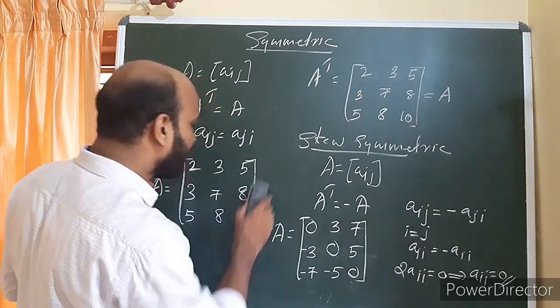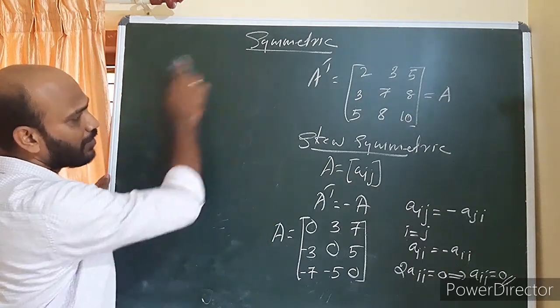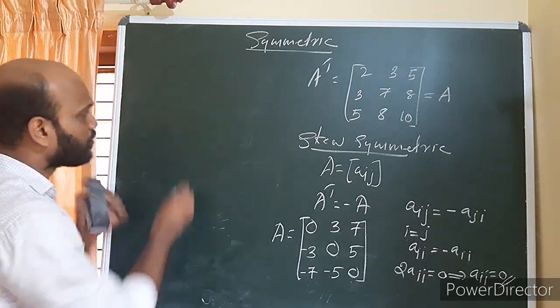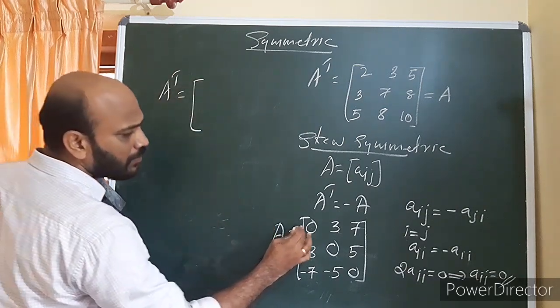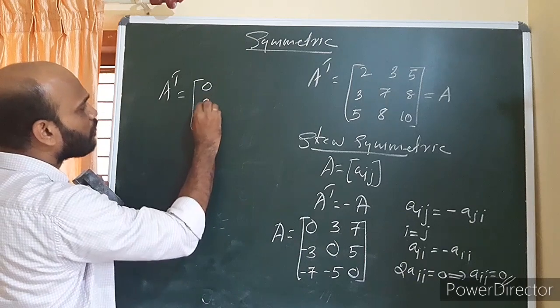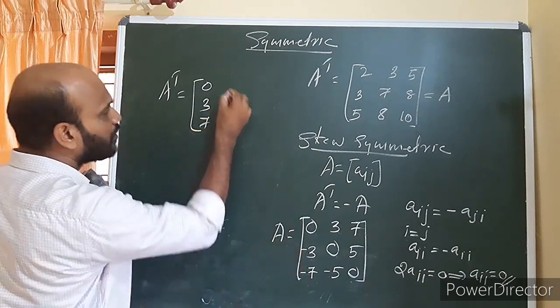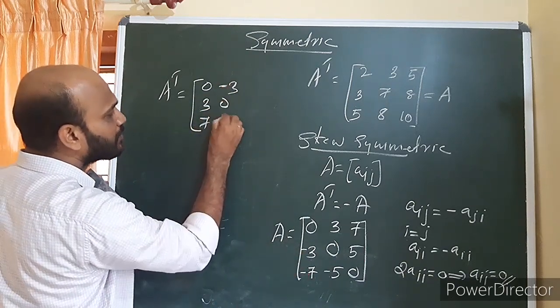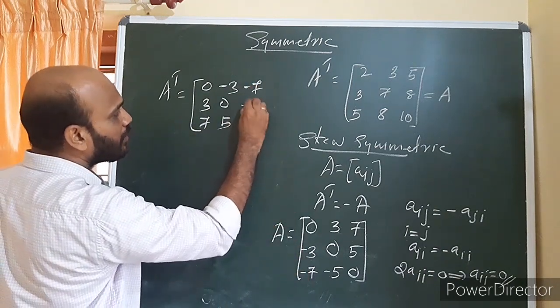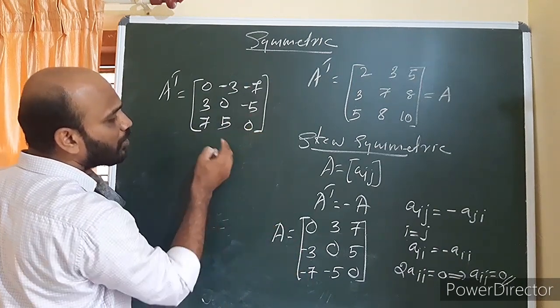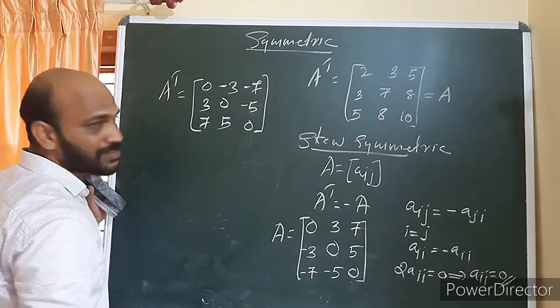So if we take transpose of this matrix, what will you get? A transpose will be equal to first row changes to first column, second row changes to second column, and third row changes to third column. Is it equal to A or minus A?